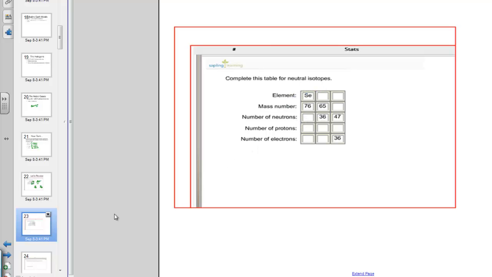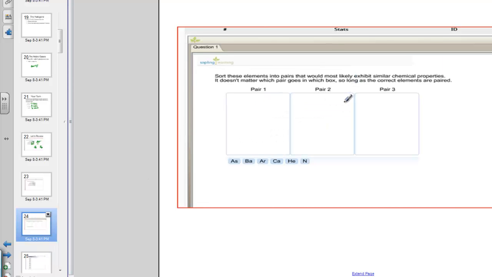Same idea, duplicate slide. What sort of elements would most likely exhibit similar chemical properties? It doesn't matter which pair they go in. So I think this Sapling is saying what we want to do is place two elements that have similar properties into the boxes.